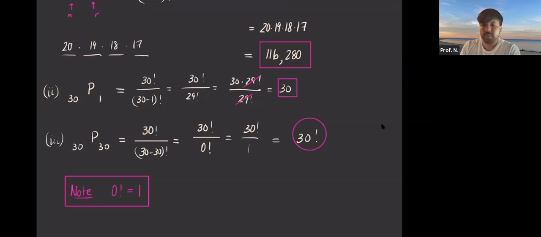Alexandra, is thinking of the tree helpful for seeing why 0 factorial equals 1? For this example, yes, to arrive at 30 factorial, that's right. The tree diagram is a good foundational way to interpret these numbers and these problems.